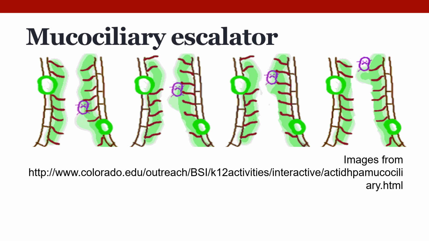The idea is that when you inhale a bacterium, if it makes it all the way down to one of your bronchioles, it might eventually get stuck in your mucus. And as these cilia beat upward, they push that bacteria further and further out of your lungs up to your larynx, where you could then cough it up or swallow it or otherwise get rid of it.